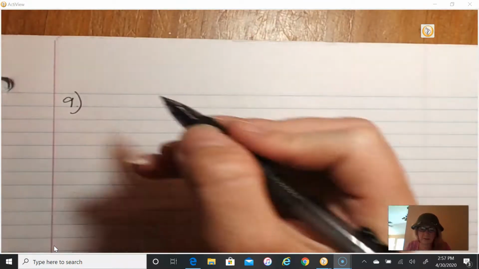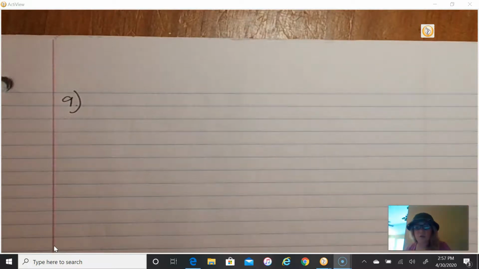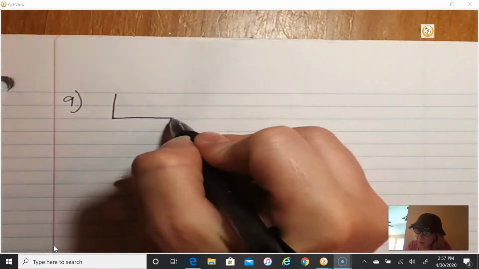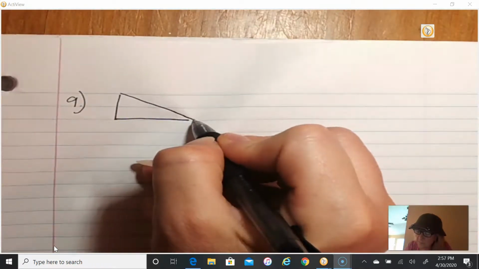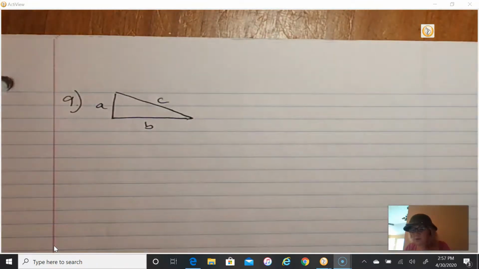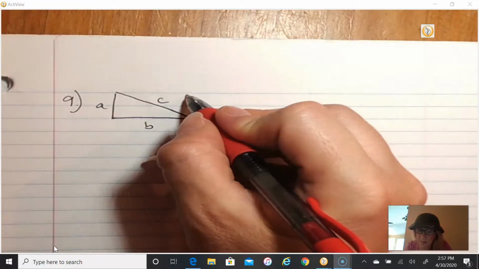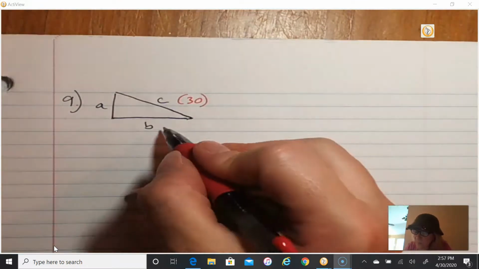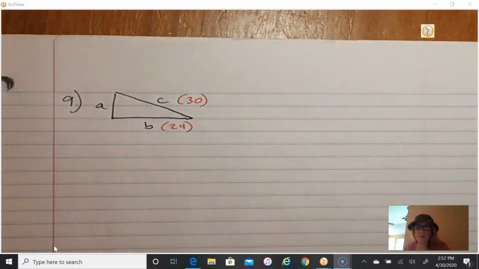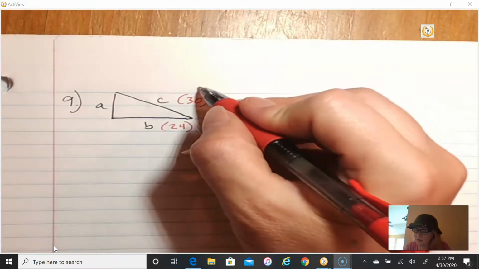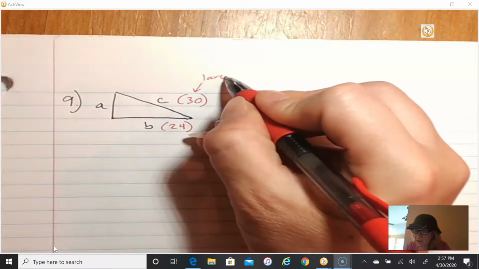So number 9. This time the directions say, given the hypotenuse and one leg, find the measurement of the other leg. So I'm drawing my picture, A, B, and C. This time for number 9, they give us the height, I put 30. 30 is the largest of the two, so I put it as the hypotenuse, because it's the largest.